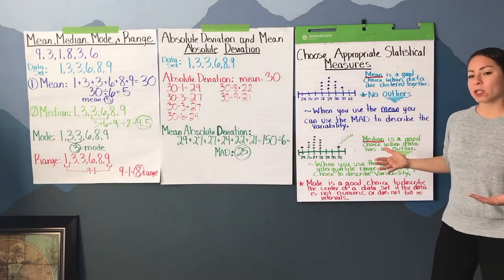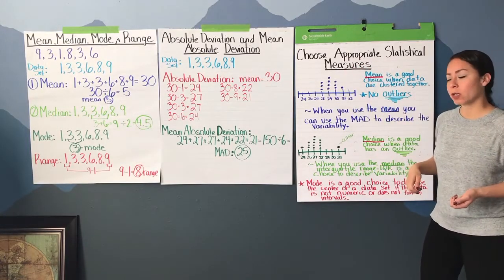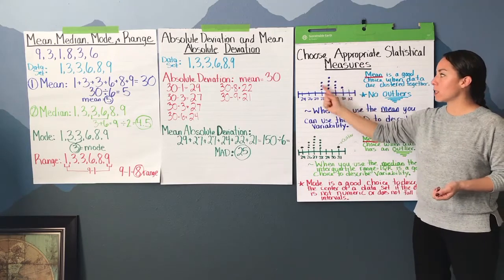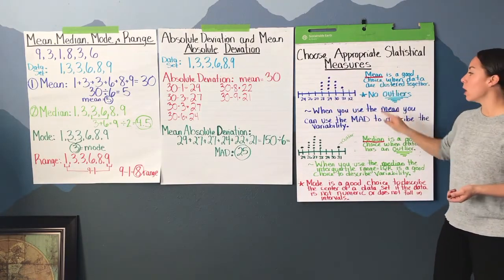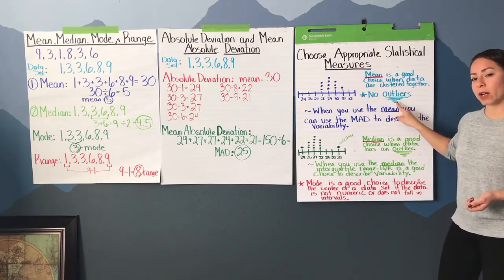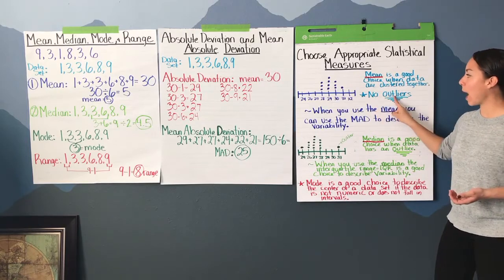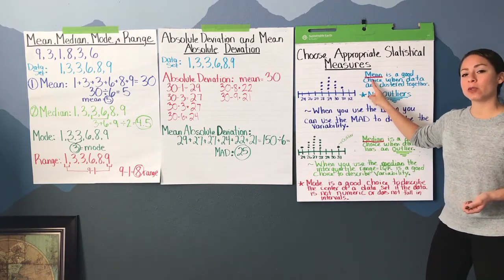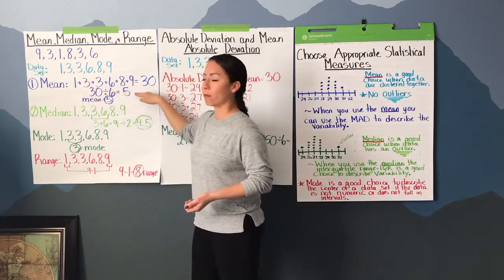So when they ask you what is a good appropriate measure of center, if your data is nicely clustered in one area, you will use the mean. No outliers. I wrote that on there because that's an important piece of information that you need to know. If there are no outliers, most likely you're going to use your mean, okay? And your mean, of course, means the average.